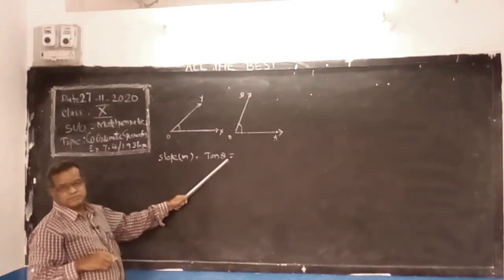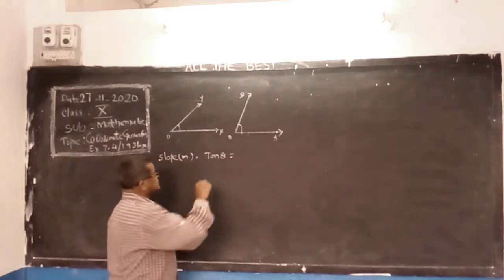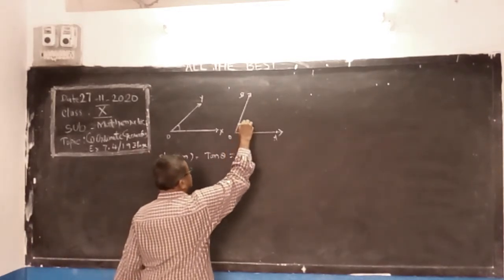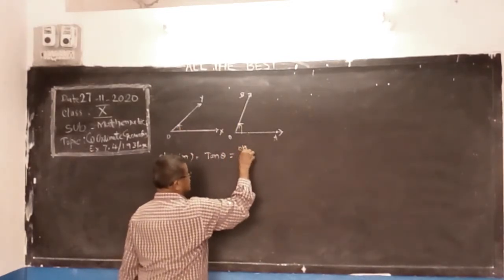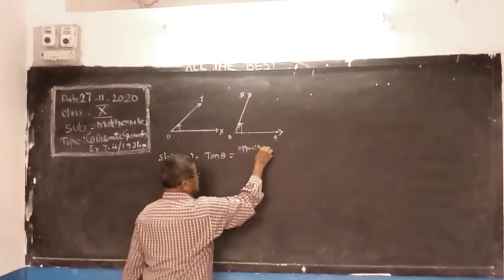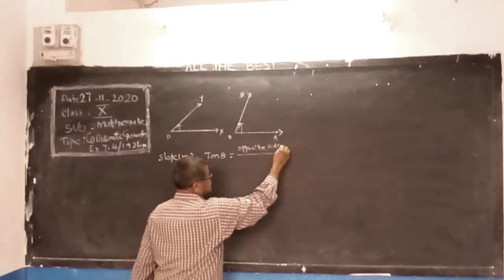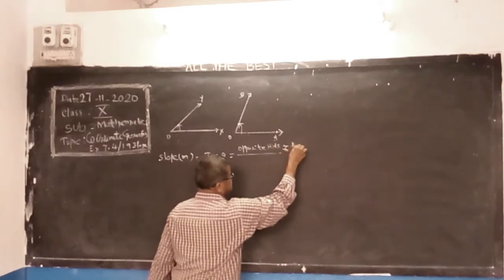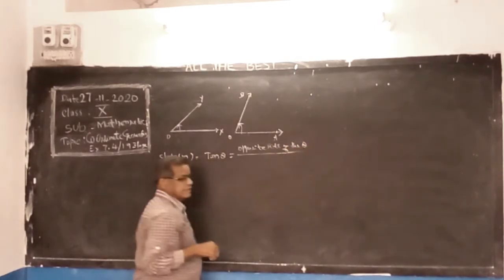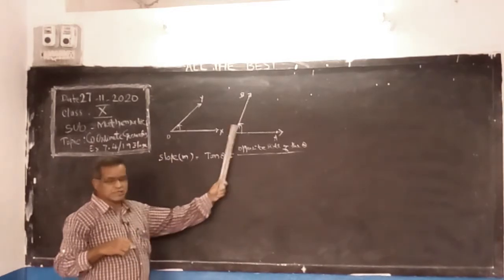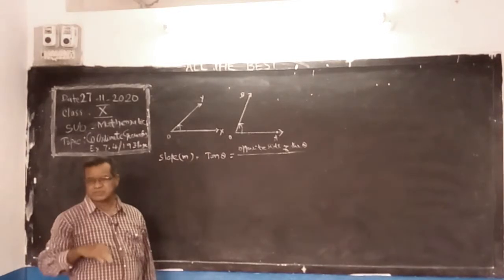It is defined by tan theta. It is an angle. Tan theta is the opposite side of the angle. Next I will go to trigonometry only. Now what is tan? There are ratios.